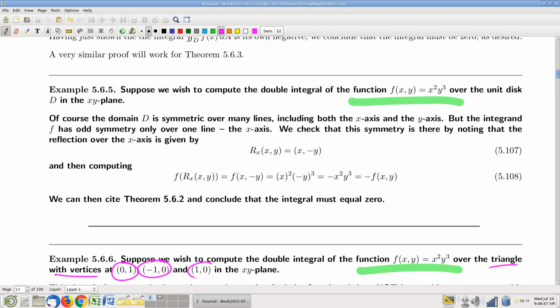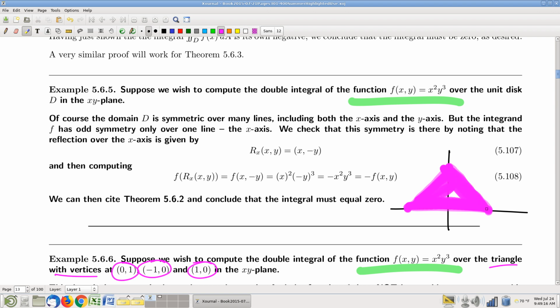And let's go ahead and draw a quick picture of that. Those vertices are (0, 1), (negative 1, 0), and (1, 0). So here's our domain. Our domain looks like that.